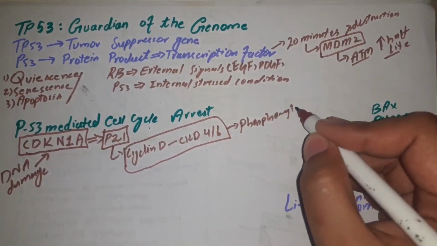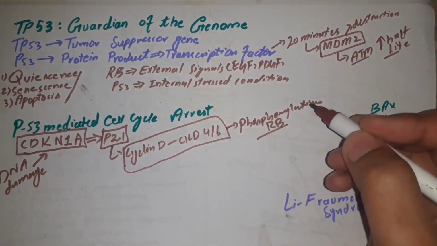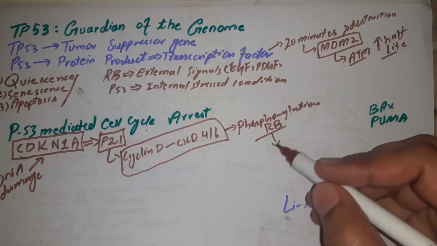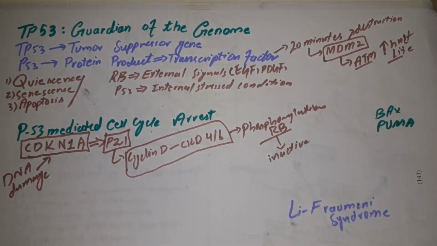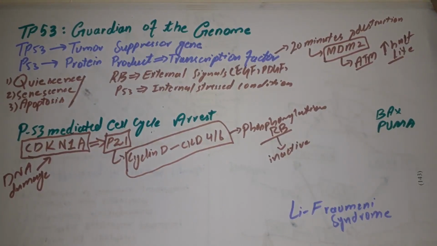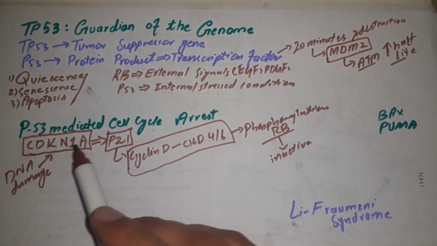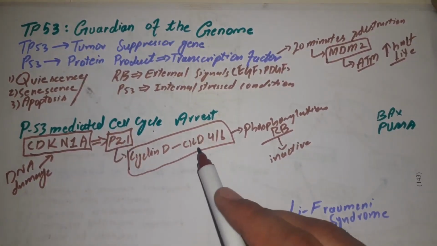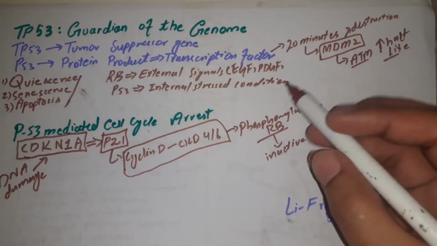So this cyclin D and CDK4-6, what it was doing, it was basically leading to the phosphorylation of the retinoblastoma or RB. So when the retinoblastoma protein product was getting phosphorylated, it was becoming inactive, and when it was becoming inactive, it leads to the cell cycle or cellular division. However, what happens when the cell is stressed or there is some DNA damage, the CDKN1A gene becomes active, its protein product was P21. This protein product inhibited cyclin D and CDK complexes, and there was no phosphorylation.